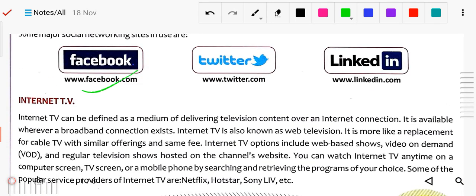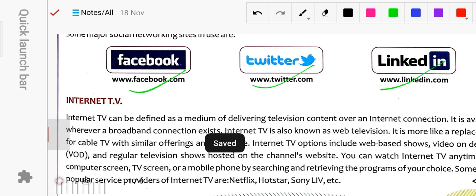Like Facebook, Twitter, LinkedIn, these are applications through which we can interact with other people from different locations. Okay, next, internet TV. Internet TV can be defined as a medium of delivering television content over the internet.